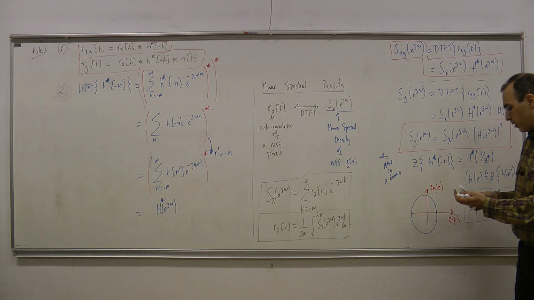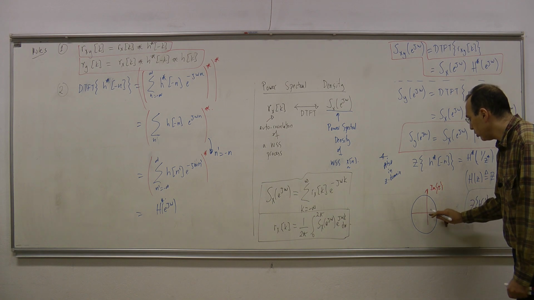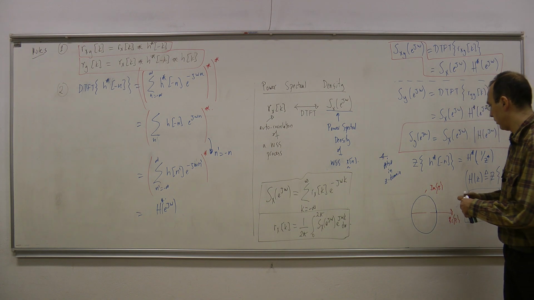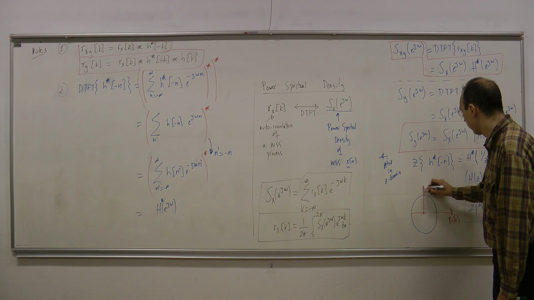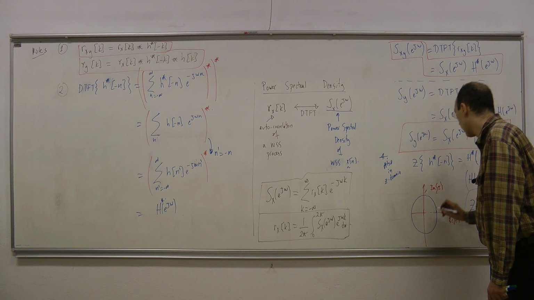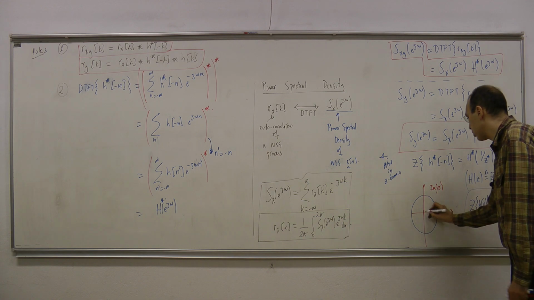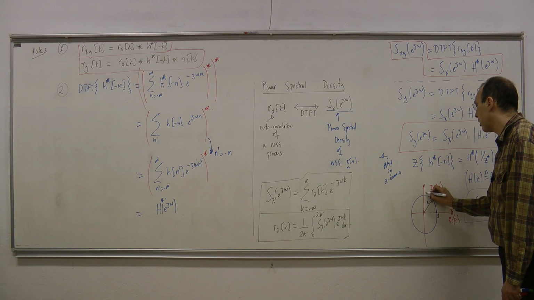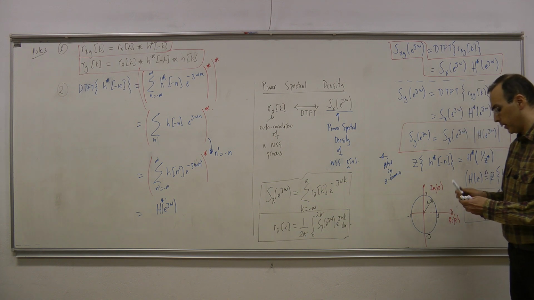Now I want to discuss the following. On the unit circle, this is the imaginary part. So this is the unit circle, meaning that this circle has radius 1, and this is the complex plane, as you see.